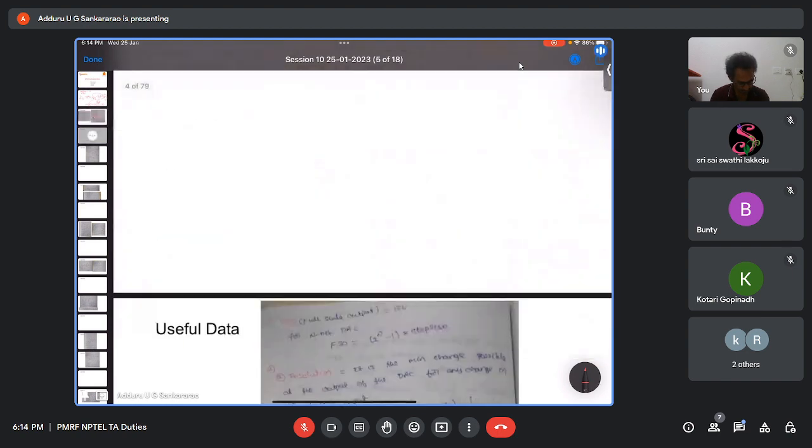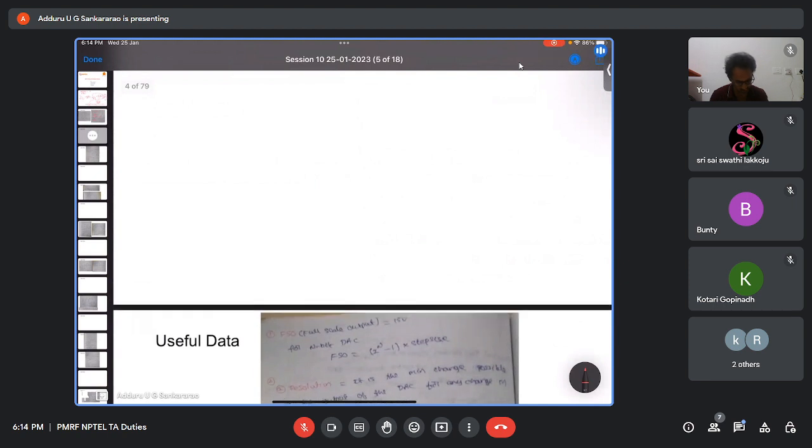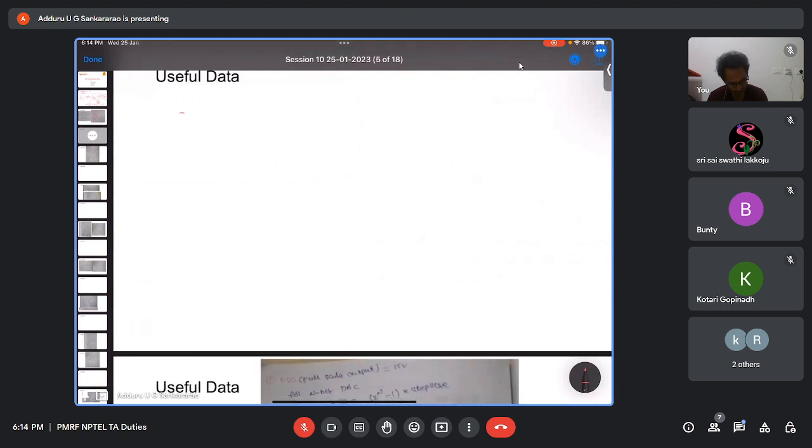Now we will see what the resolution or step size is. This is also called resolution. It is the smallest increment possible at the output of a DAC for any change at the input. Let us say you have a DAC and you are randomly changing any bit.